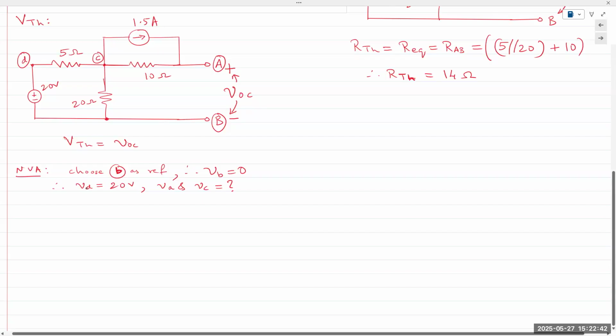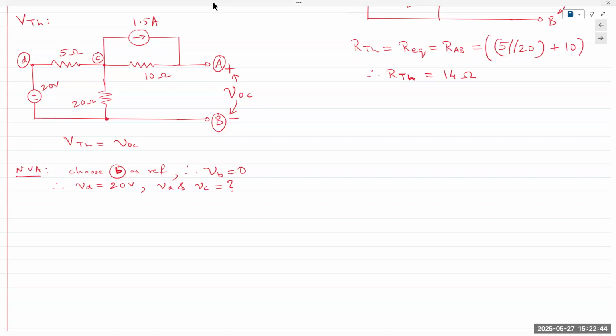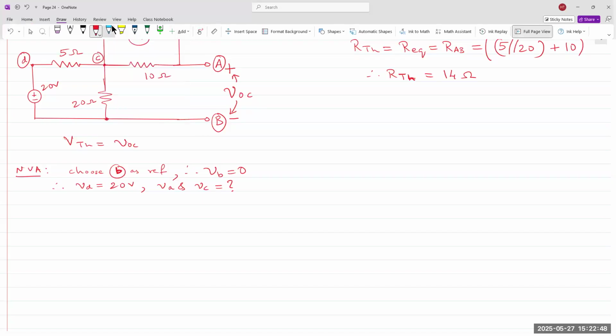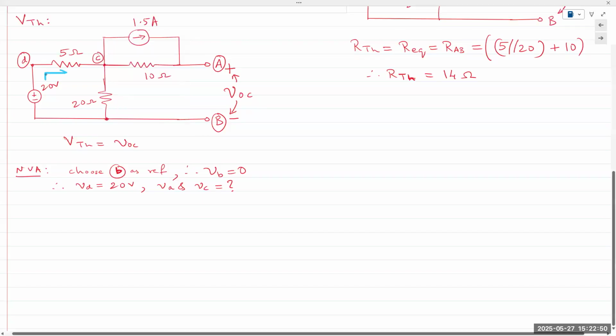Let's write KCL. So now for KCL, I need to assign branch currents. And I'm going to have to name this.